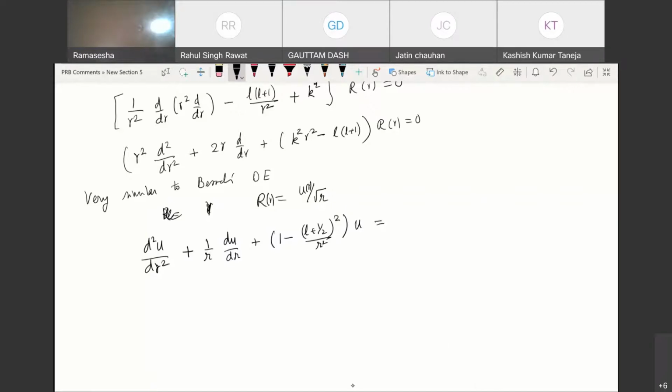Okay. So what is it that we had for this thing, the Bessel differential equation? We worked it out last time.